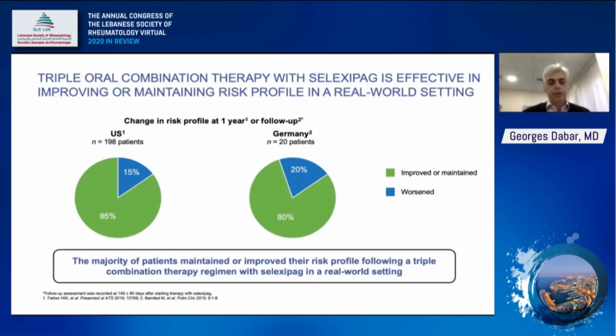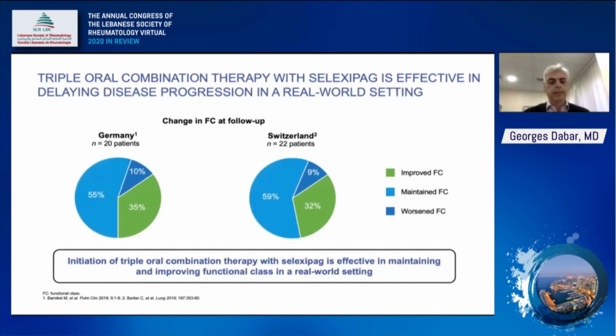So the majority of patients maintained or improved the risk profile following triple therapy combination regimen with Selexipag. Also, initiation of triple oral combination therapy with Selexipag is effective at maintaining and improving even the functional class in a real-world setting. This is the green, the group that improved. In the light blue, the group that maintained. A very small group got worse.